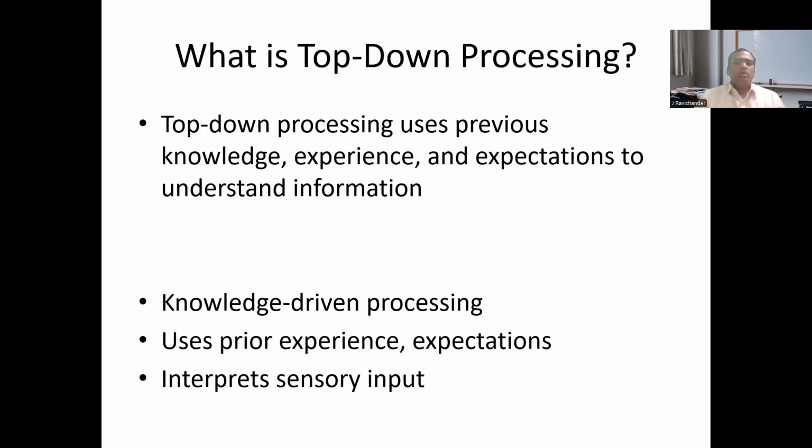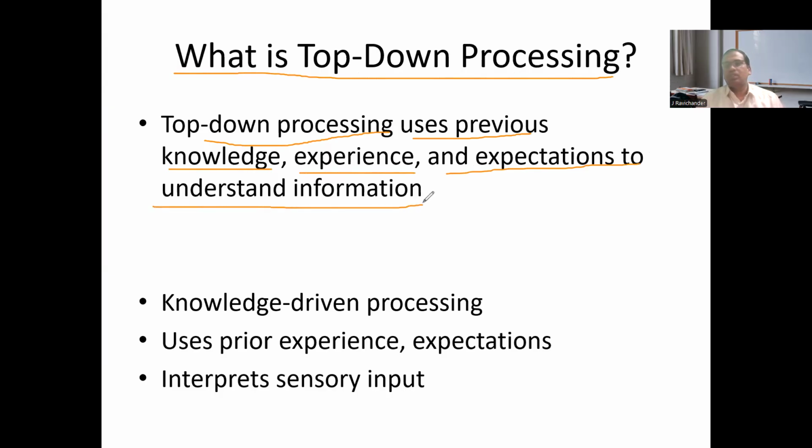Now coming to top-down processing. Top-down processing uses previous knowledge, experience, and expectations to understand information. We have previous knowledge, from that we experience something, and from that we expect or finalize things.